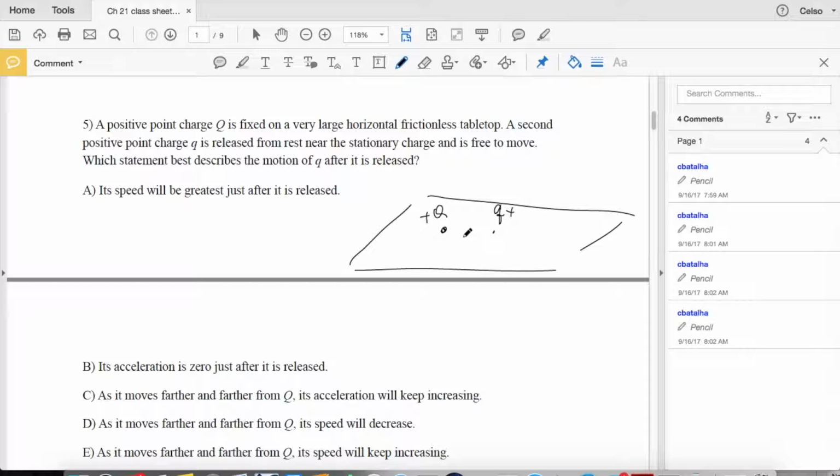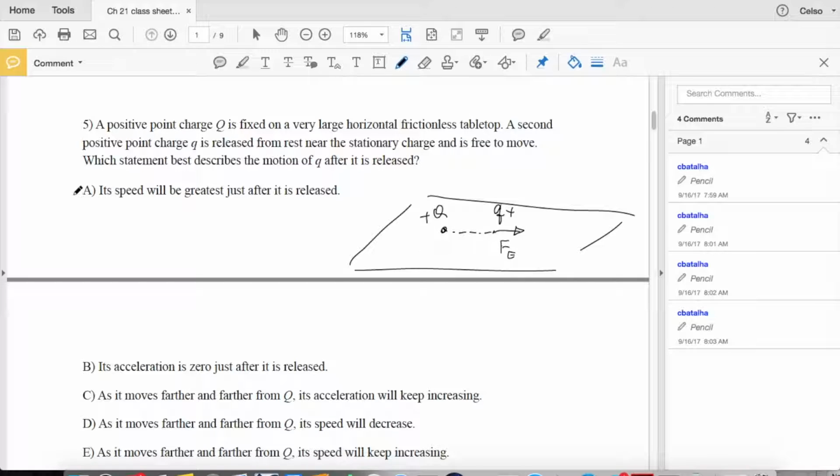They are both positive, so charge q experiences a Coulomb force, and it's just going to go, right? So that's the Coulomb force. Every time you have a force, you have an acceleration. So assume that gravity is not doing any trick here. Gravity force is negligible. You can consider that electric force is the only one.